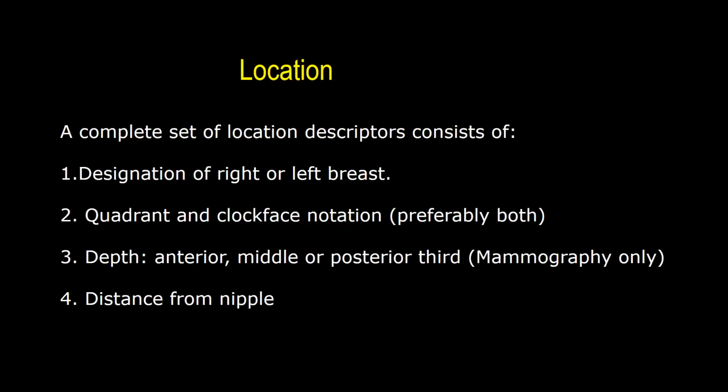Regarding the location, we are also going to discuss it in the coming lectures, but just to have an idea, the mass, like any other abnormality, we have to locate. The descriptors for location are the designation of laterality, right or left, quadrant: upper outer, upper inner, lower outer, clockwise at 1 o'clock, 2 o'clock, 6 o'clock, and preferably using both quadrant and clock.